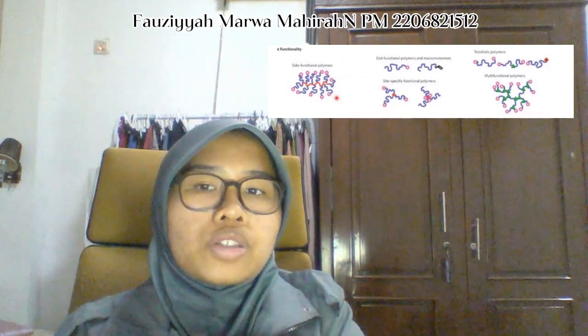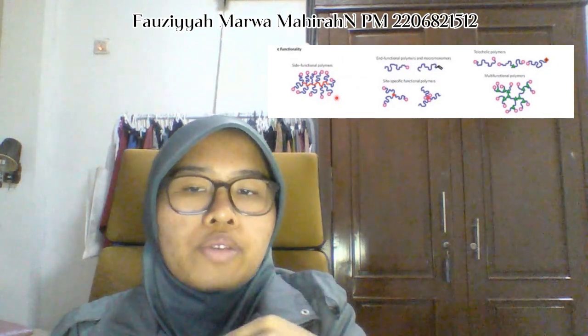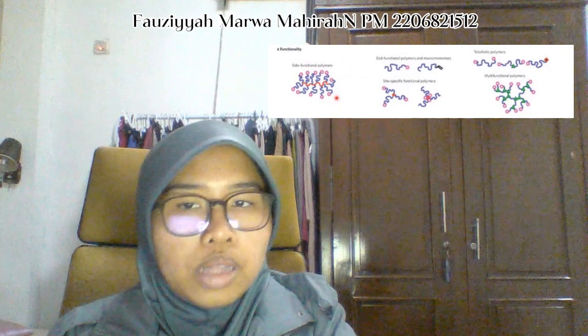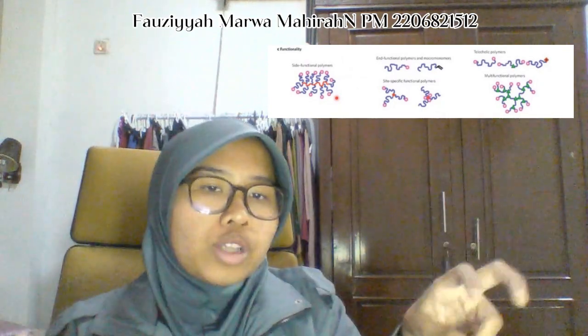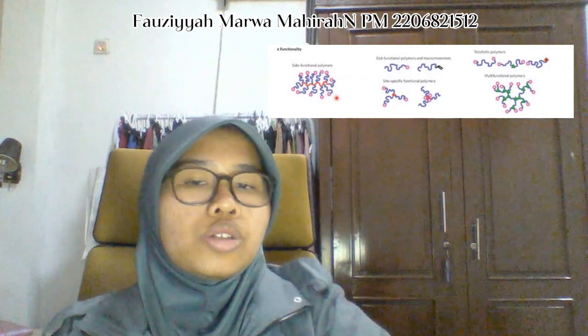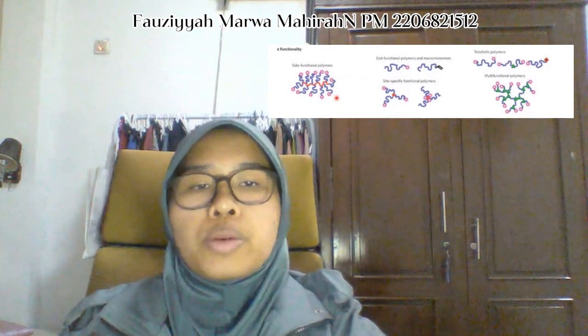Telechelic functional polymers are characterized by having functional groups at both ends of each polymer chain, making them end-functional polymers. These functional groups are often identical and are distinct from the repeating units along the polymer backbone.